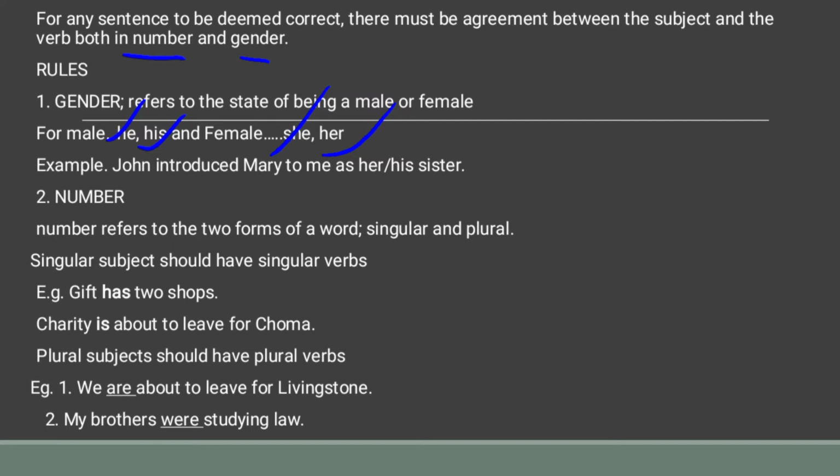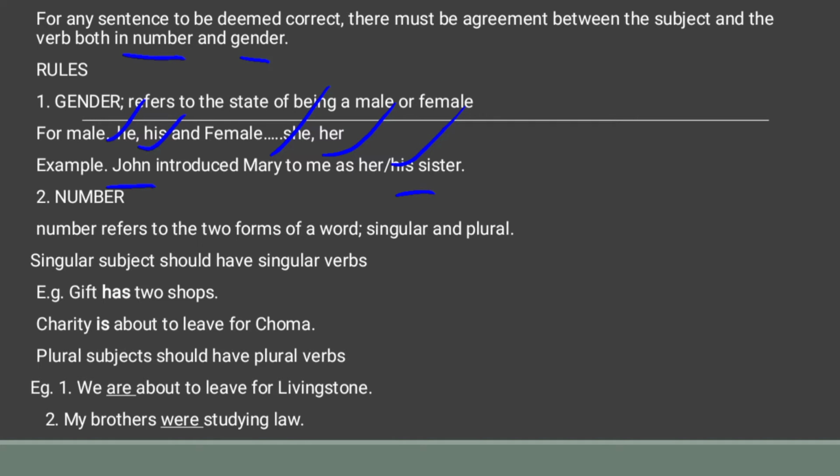Johnny, in most cases, is given to a male child, right? It's rare to find a girl child named Johnny. So let's assume John is a male. Then what should we say? John introduced Mary to me as his sister.